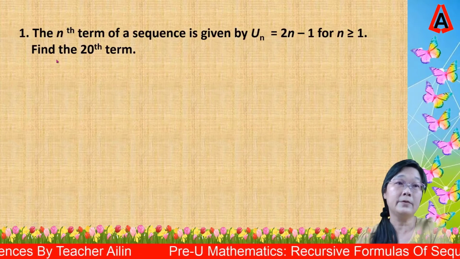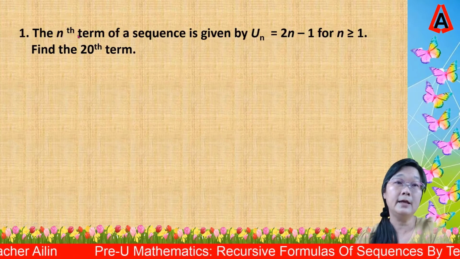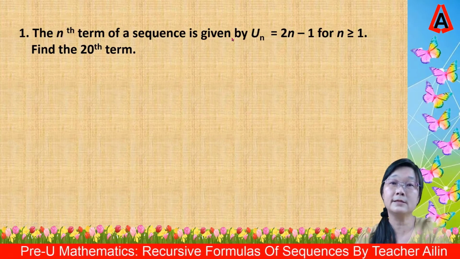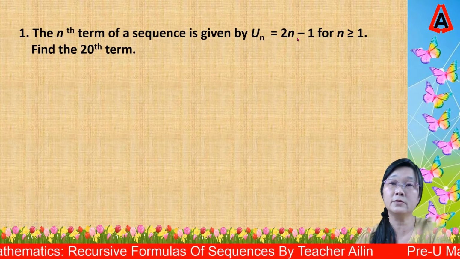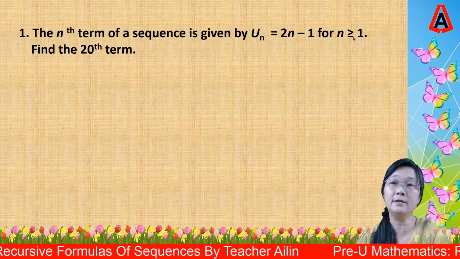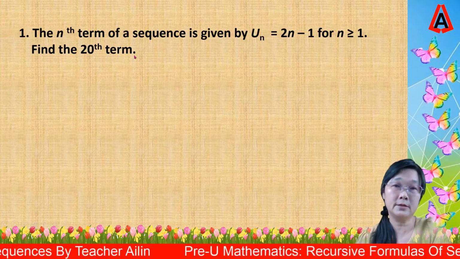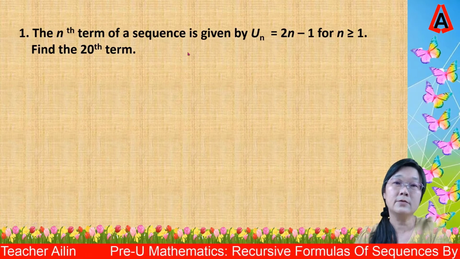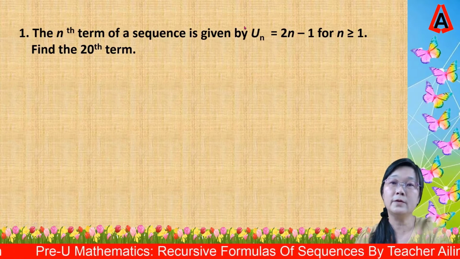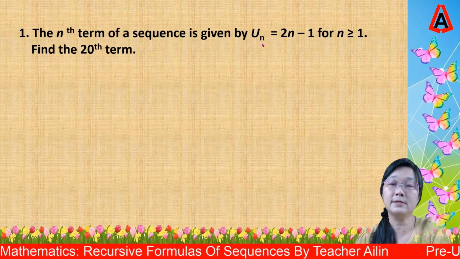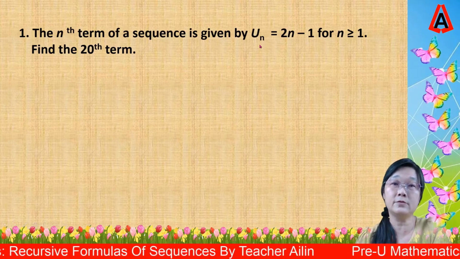So, for example here, the nth term of a sequence is given by un equals 2n minus 1 for n greater than or equal to 1. Find the 20th term. In this question, this un is the explicit formula for the sequence.